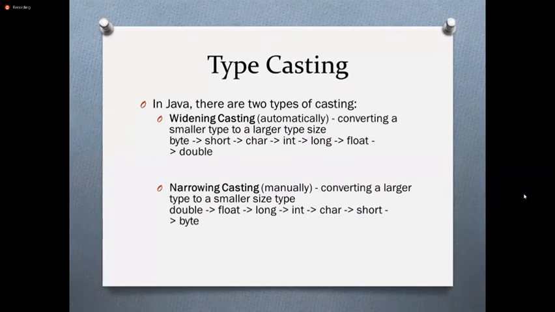The other form is narrowing casting. This you have to do manually, converting a larger type to a smaller size type. As an example, we can take the larger type as double, double into float, float into long, long into int, int into char, char into short, short into byte.